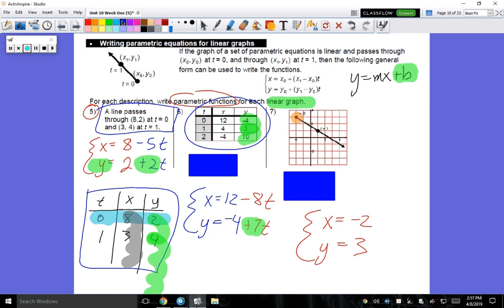Not each jump like this, but each second. How much x did you change? Well, you went from -2 all the way to 1. So you changed what? Positive 3, right? Positive 3. Because you went to the right 3. So it'll be a positive 3t. Do we get it? And then y-wise, how are we changing?